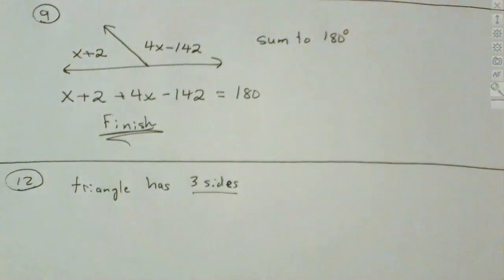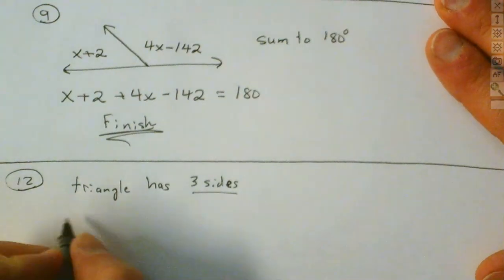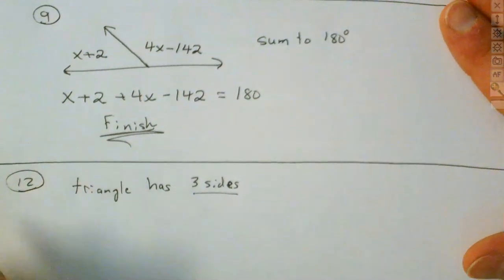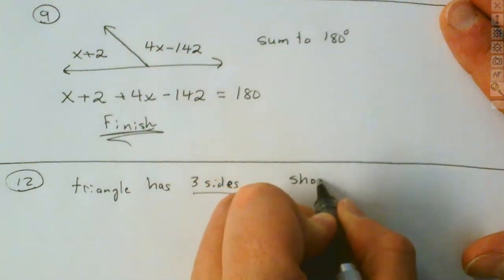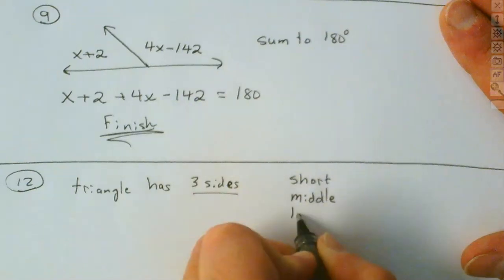So when I talk about a triangle, we're going to assume they're all different sides, different lengths on the sides. So I know the perimeter is that 1,700. So if I look at my triangle, I've got my 3 sides. I've got a short side, middle side, and the longest side.